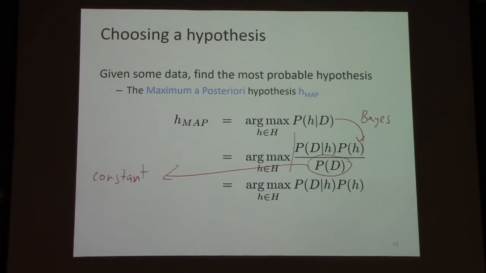Which means we can just throw that out because we are doing a maximization. If I ask for argmax of the absolute value of x minus 1, it's exactly the same as argmax of the absolute value of x minus 1 divided by 14.